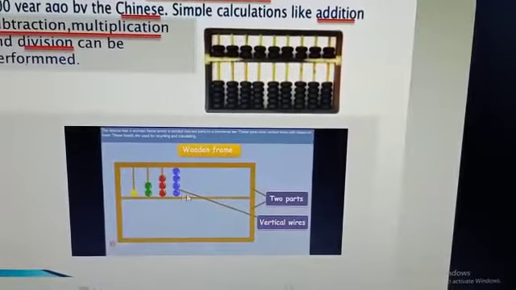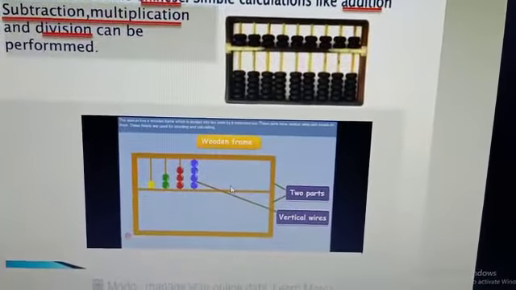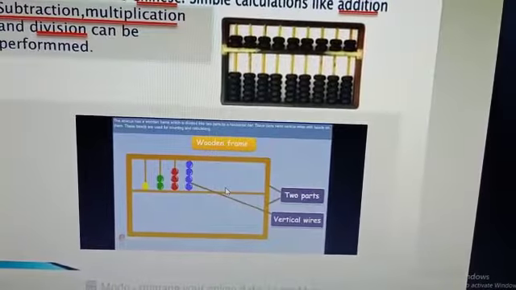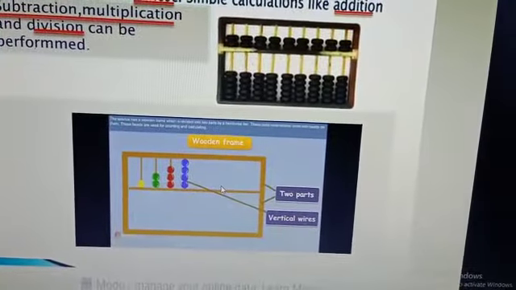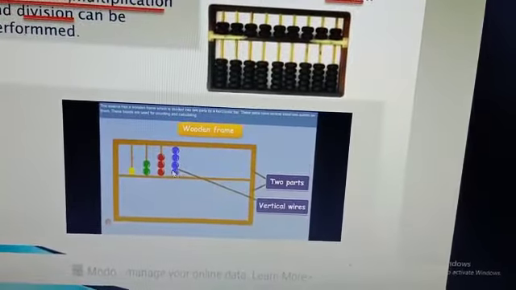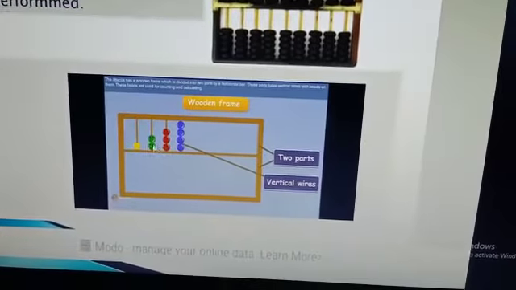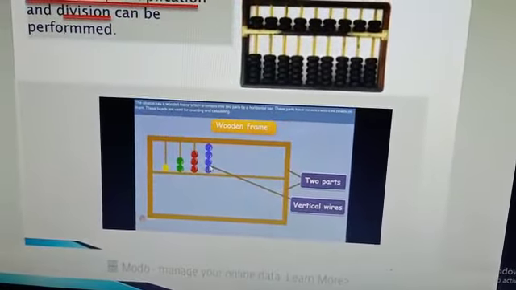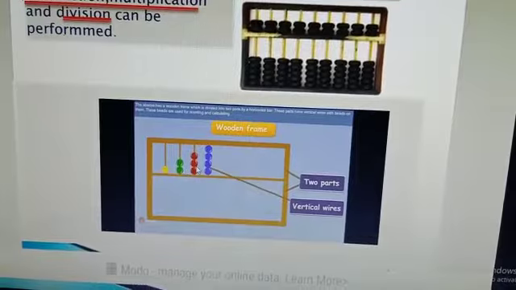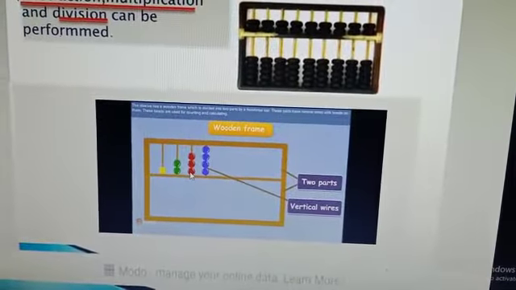This is the horizontal frame. And these parts have vertical wires. These are the vertical wires with beads on them. And it is used for counting and calculating.